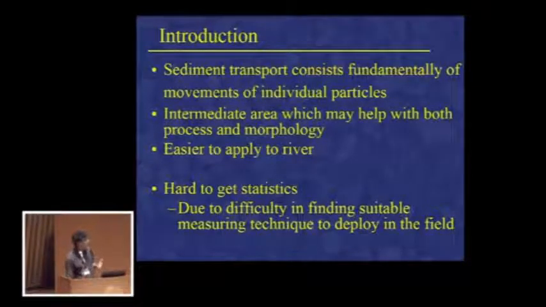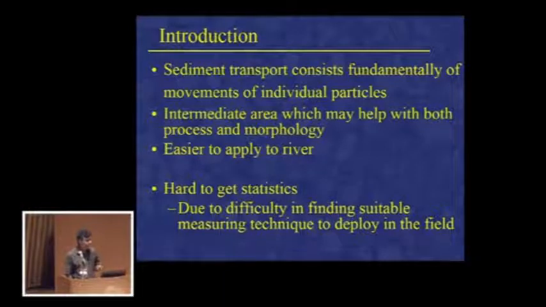So tracer study is an intermediate kind of area in between most of the methods that we have used, which can help us learn a little bit about the channel morphology and the sediment transport. One can think about it in an easy way, like the 55 poles that the French tried to throw into the river.